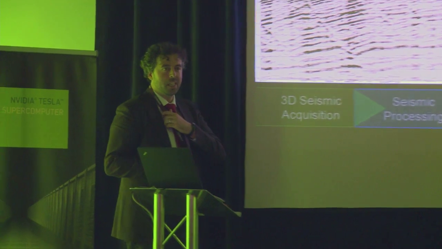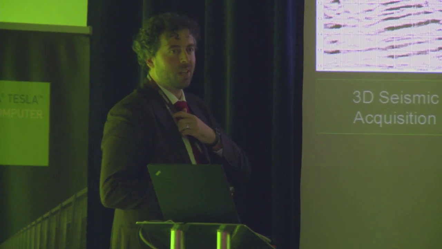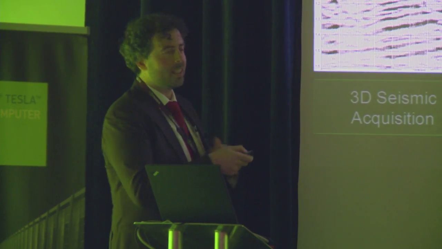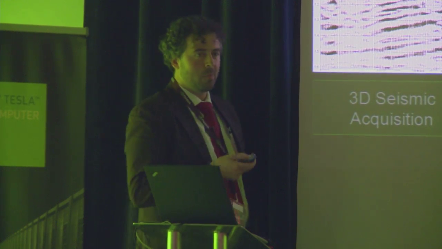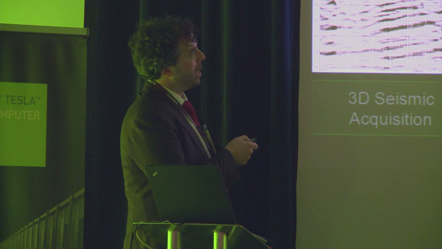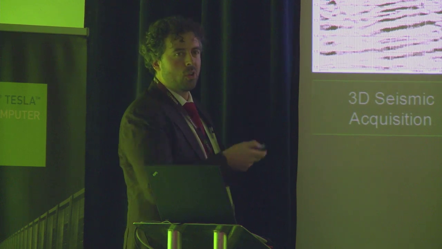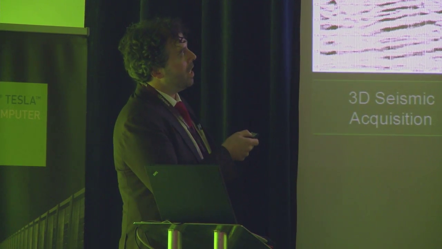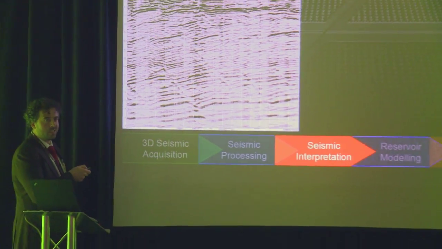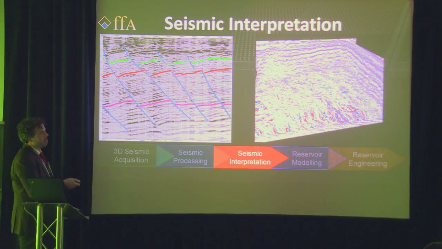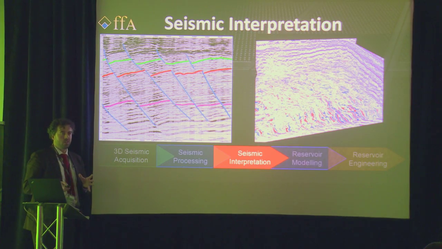15 years ago, you would have seen people with massive printouts of this on the wall. These are individual seismic responses, the individual wiggle traces, and people would come along and try to draw geology on top of them. Today, you still find some people doing this, but thankfully they're using computers. The industry has come forward, and it makes big use of 3D visualization.